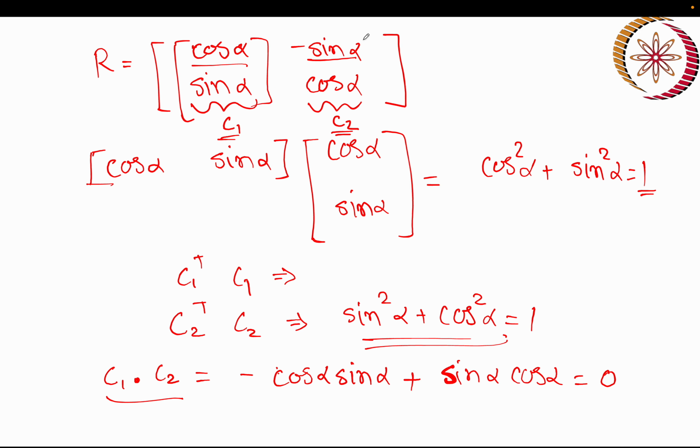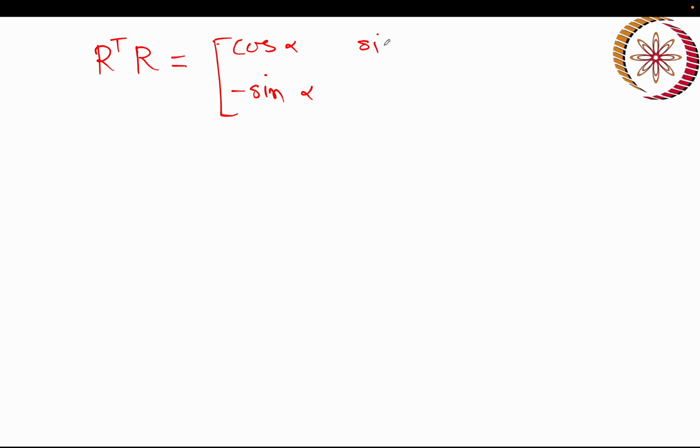So we already saw that, but if we write R transpose R, in that case it will be cos alpha, minus sin alpha, and then sin alpha, cos alpha, and then cos alpha, minus sin alpha, sin alpha, cos alpha.